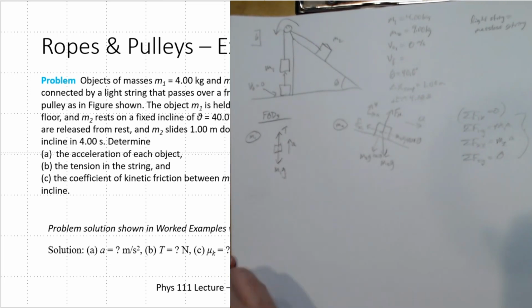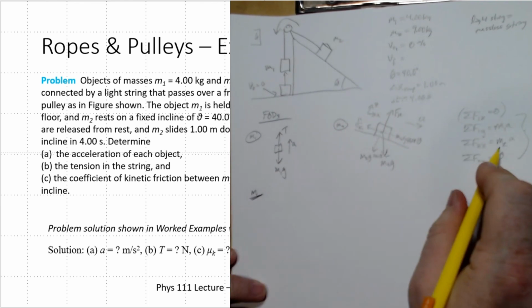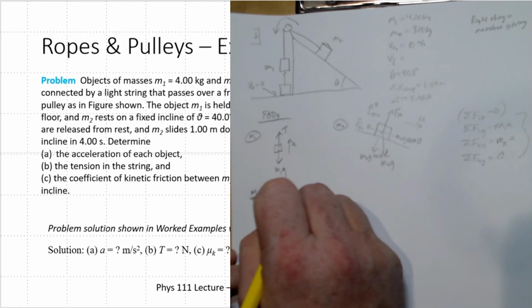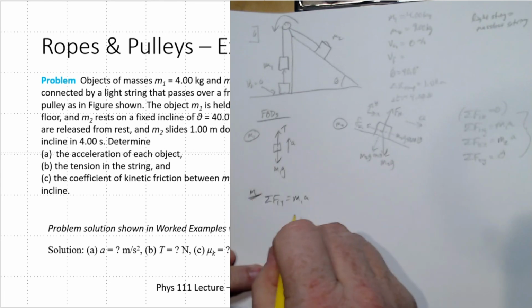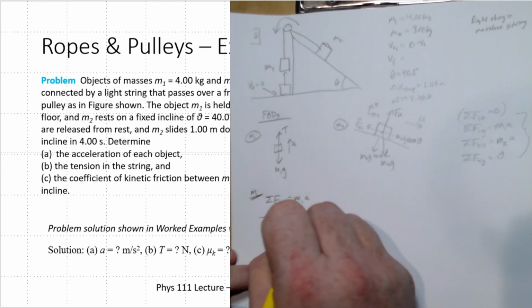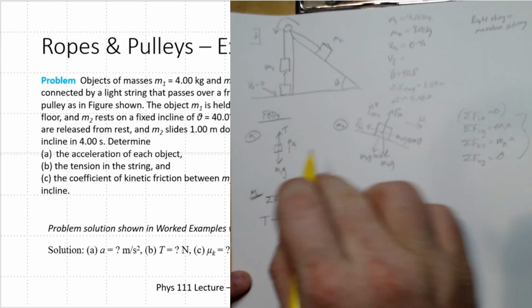So let's kickstart things. Okay, mass 1. We've got sum of forces in the y, m1a. And so that's going to be tension going in the direction of that, T minus M1G. This only works if you write this in the way that the acceleration of the system is consistent between these two.